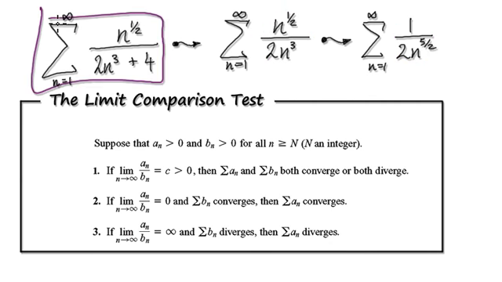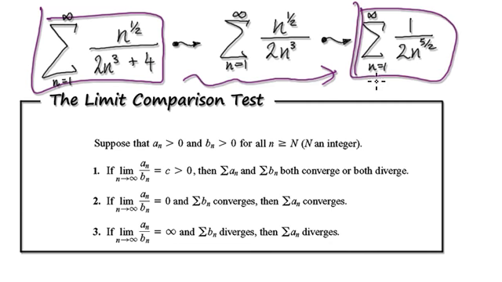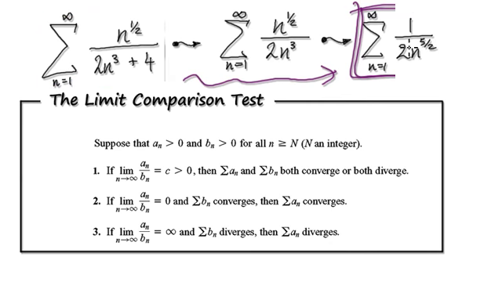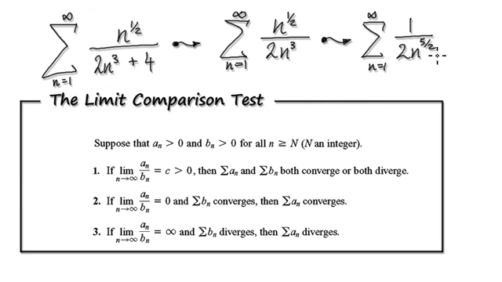So we are trying to investigate this. We should compare it with something that we know about. We actually know about this series. This series we know is going to converge, because this power here is greater than 1. You can imagine this as this, and then ignore this 2 here. You should by now be able to tell that this will converge because of this power here.